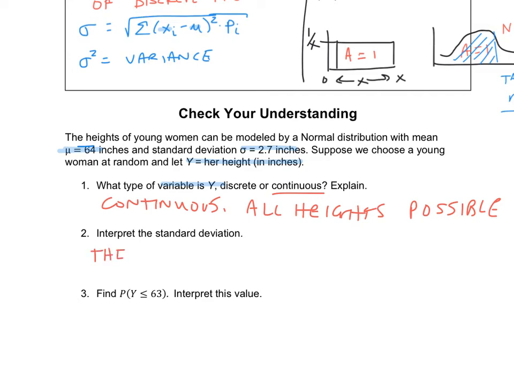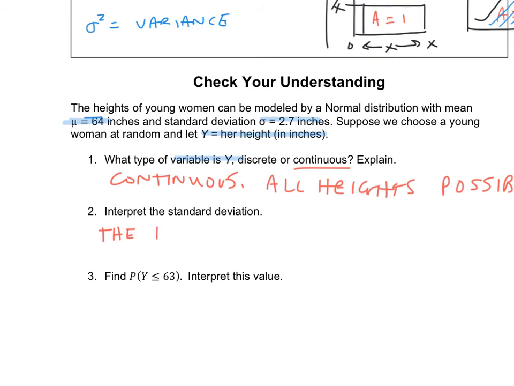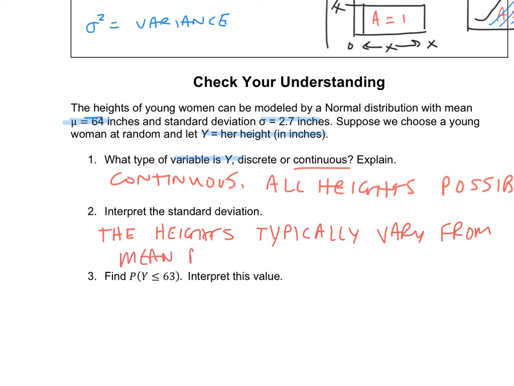Remember that standard deviation was 2.7 inches. The heights typically vary from the mean by 2.7 inches.